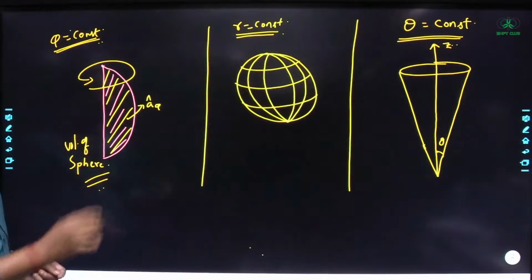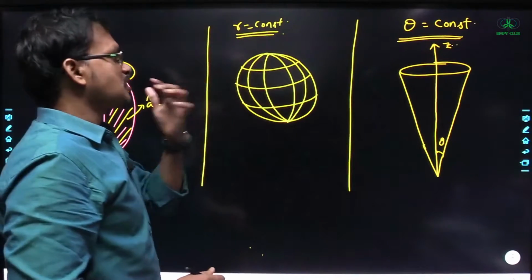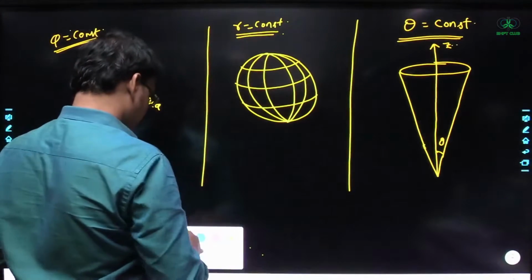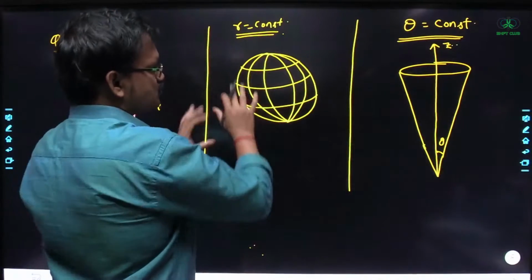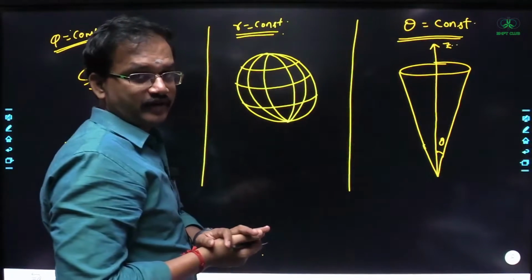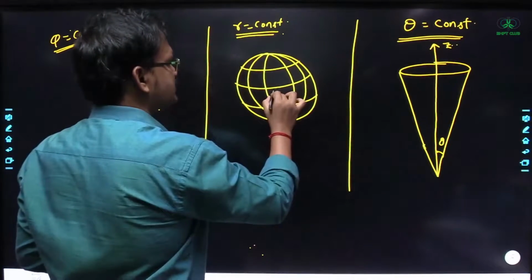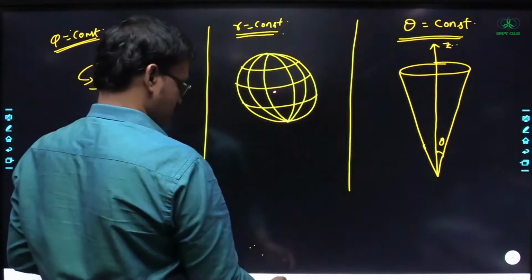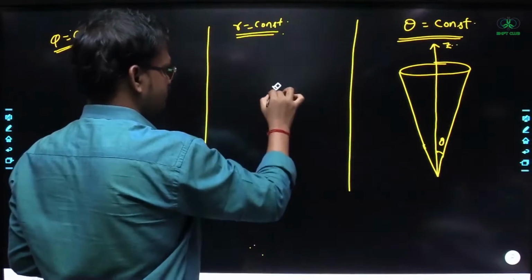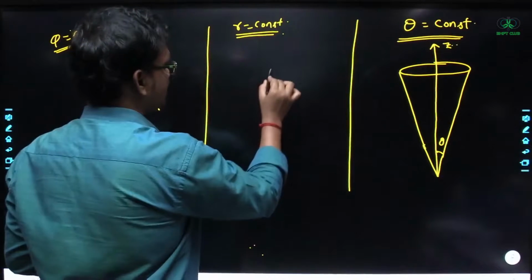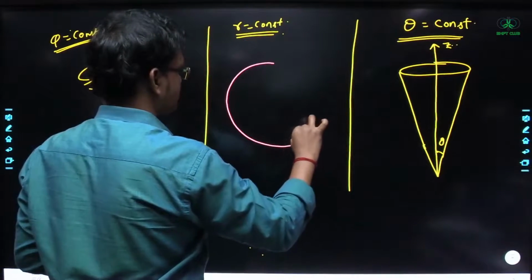Similarly, this is the r equal to constant plane, where the variables are theta and phi. Let us say this is the center of the sphere, and here I will draw the sphere.